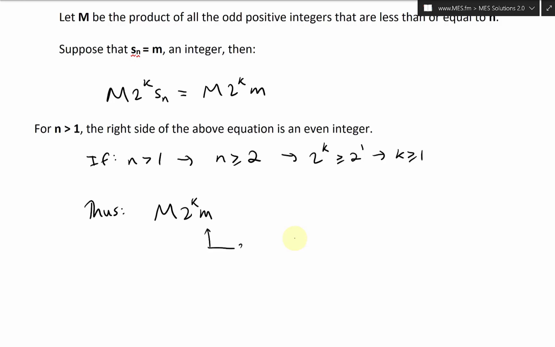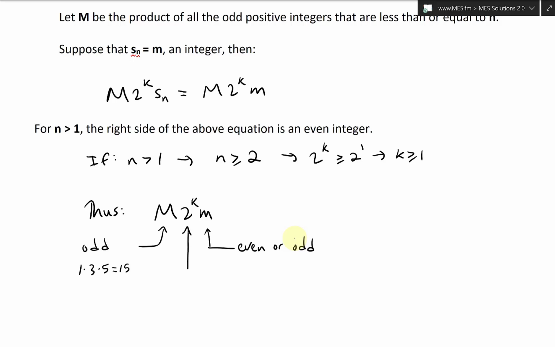This other factor is odd, because we're only looking at the odd numbers. For example, 1 times 3 times 5 equals 15. So odd times odd is always odd.